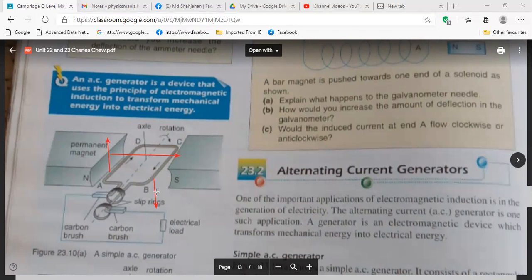So with your right hand, you keep your thumb downwards. Then you place the forefinger or index finger to the right side, which shows the magnetic field lines.